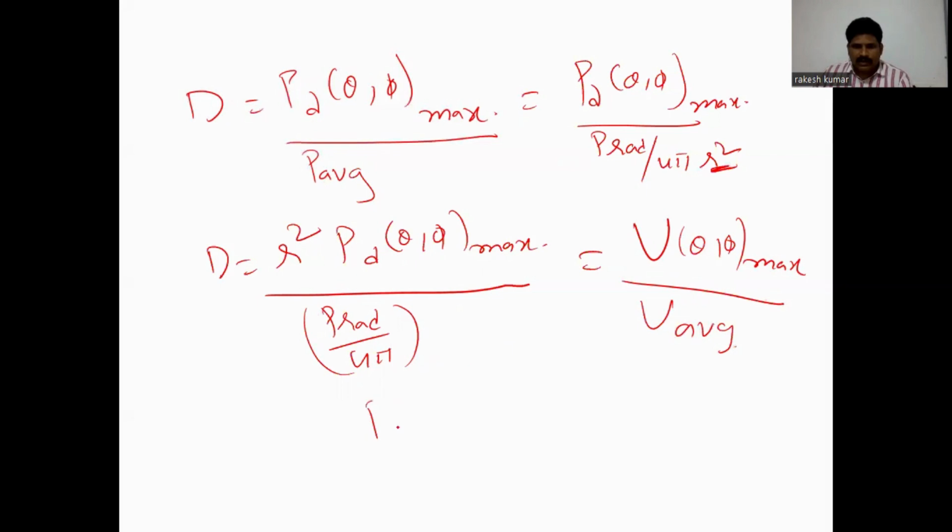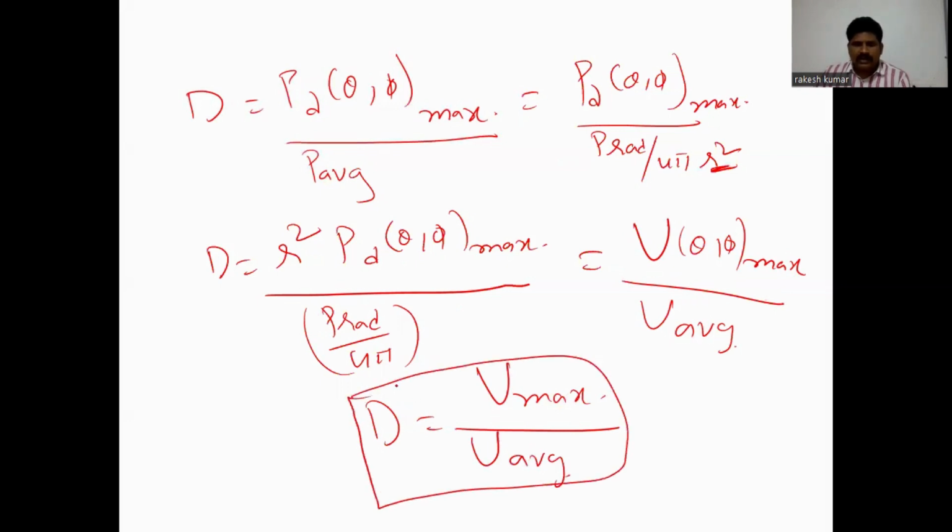Therefore, directivity is equal to U max by U average. This is the expression for directivity in terms of radiation intensity.